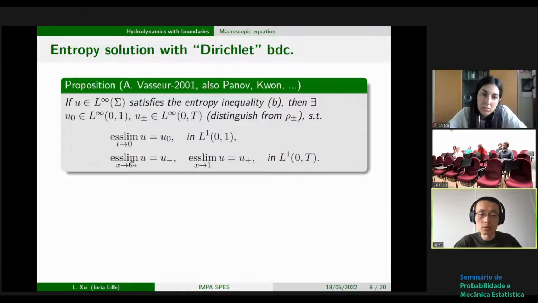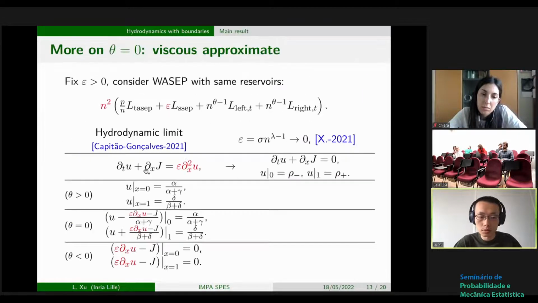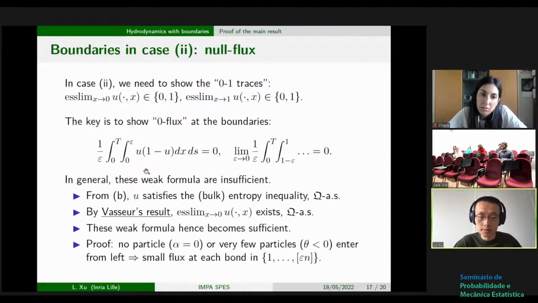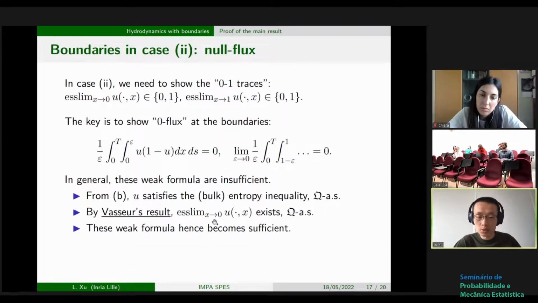So with this result, we know that the limit profile U almost surely has an essential limit at the boundary.